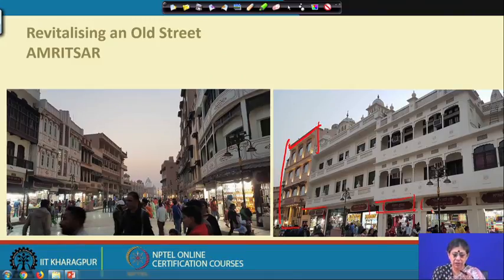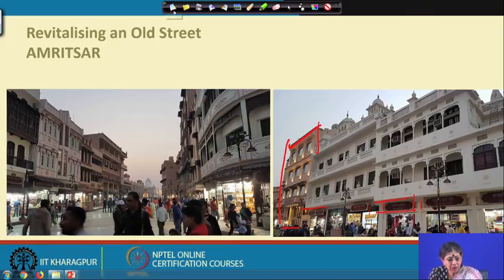This is not easy to do, but even this much can really establish a distinctive character and increase its attraction, the quality of the space, the ambience of the space, and help to retain the significance of that area. Of course, this has to be combined with the activities of the people, it has to be done with the stakeholders, there has to be a special incentive, some programs have to be there along with the guidelines and the bylaws.